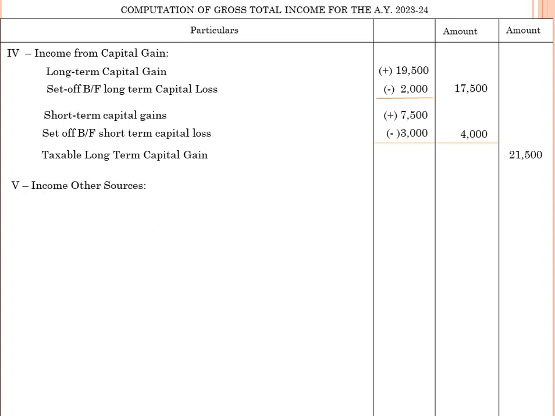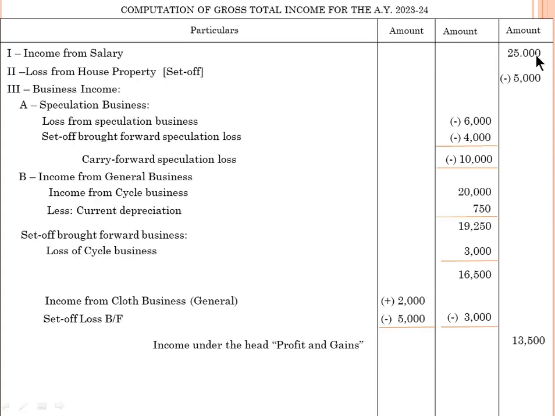Now we move on to the income from other sources. Interest on securities is 15,000. Find the total. So gross total income is 70,000. How did we get the 70,000? Income from salary 25,000, loss from house property 5,000, which should be set off against salary income as per the inter-head set off provision, so the balance is 20,000.